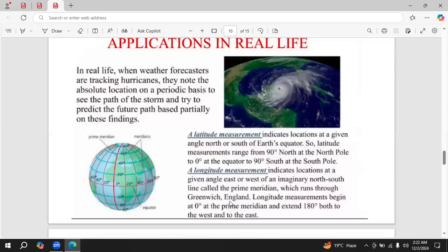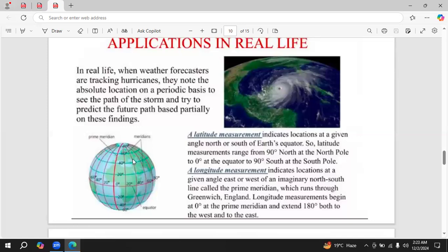Greenwich, England is basically the point which you can declare as the WCS for the Earth map.